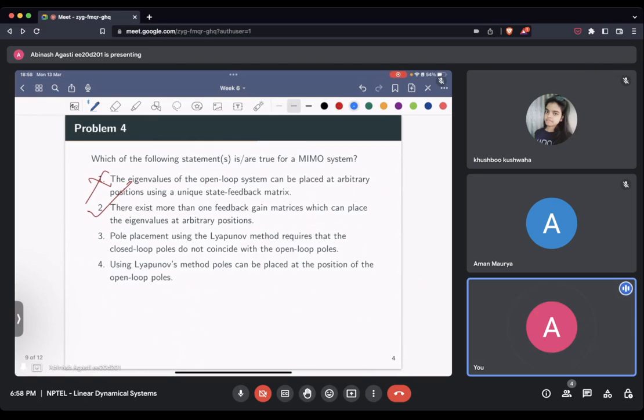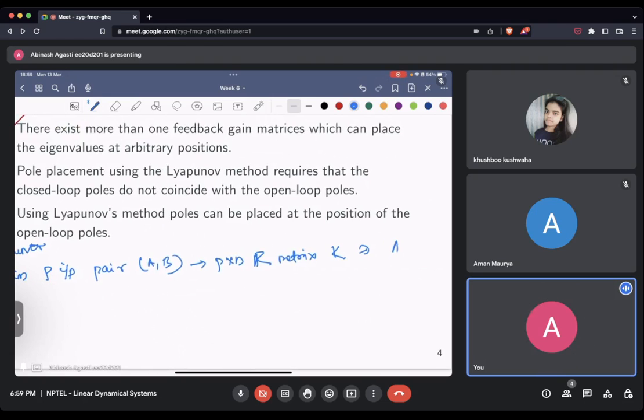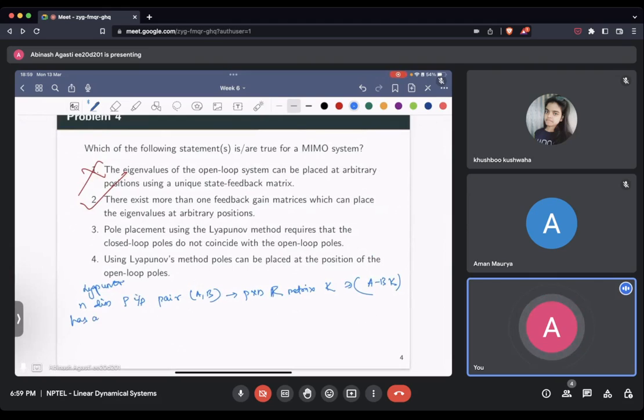Lyapunov says that, again we'll consider an n-dimensional, p-input pair A and B, and I want to find a p cross n real matrix K such that A minus BK has any set of desired eigenvalues.